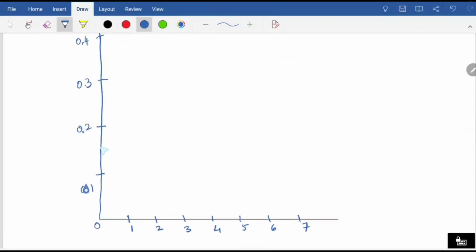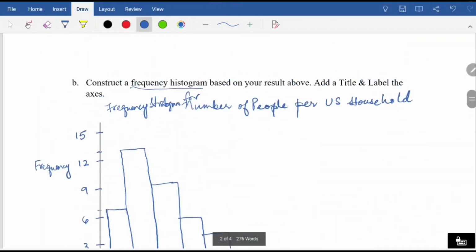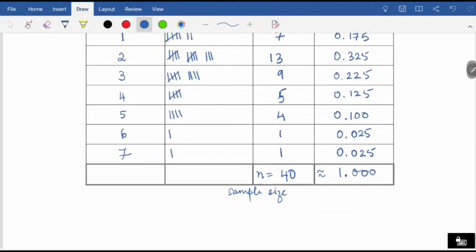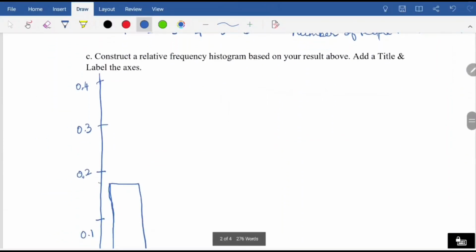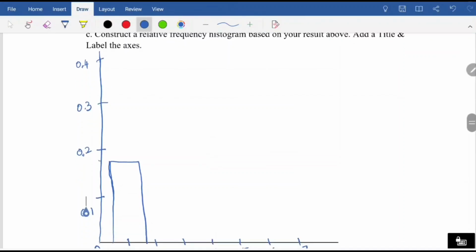So it'll be like this, 0.175 would be somewhere here, all right, 3/4 way between 0.1 and 0.2. So let's make it like this. And then for 2, it was 0.325. So 0.325 is going to go all the way up here.